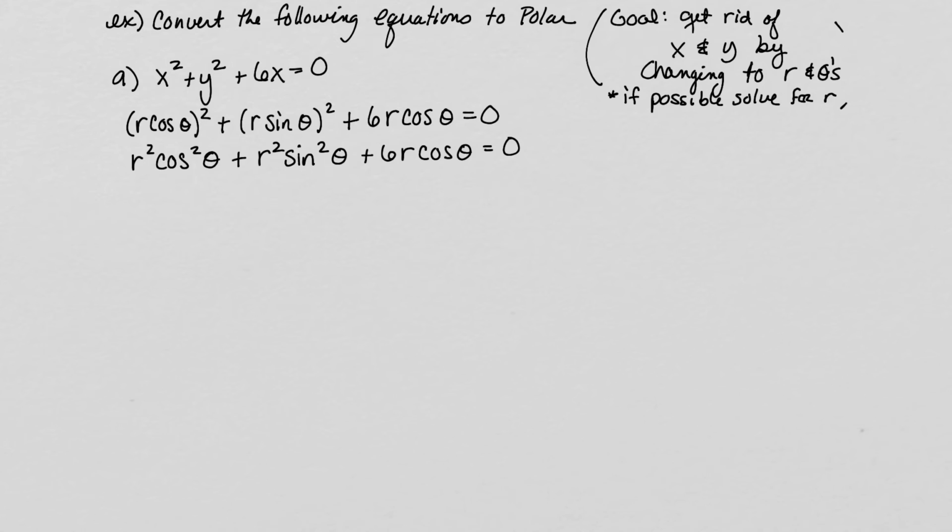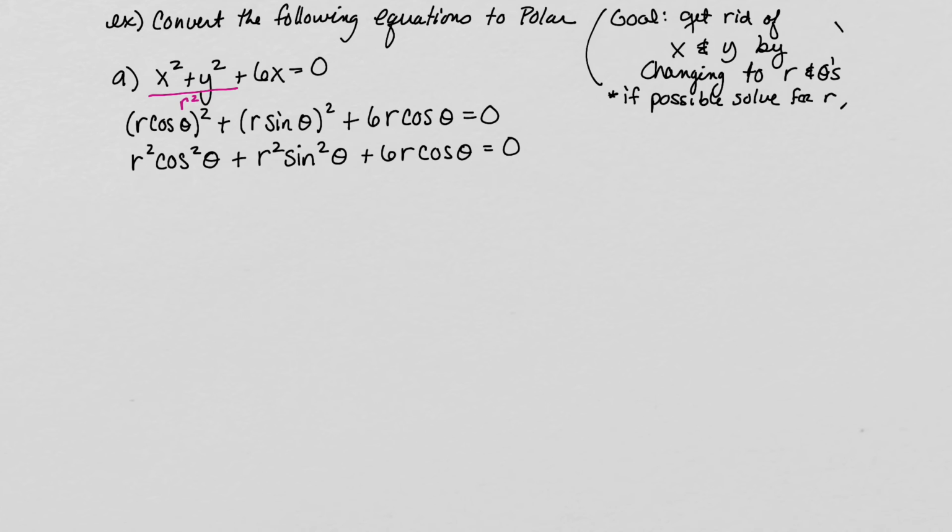You could have also said at the beginning, oh, I know that x squared plus y squared is r squared. So we could have said this was just r squared plus 6r cosine theta. That's not a problem. We're going to get to the exact same place.